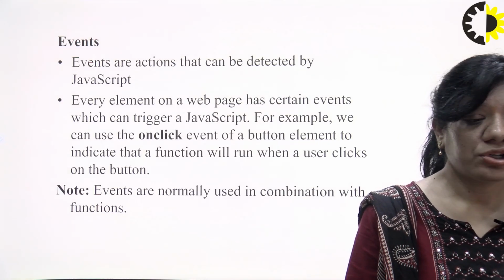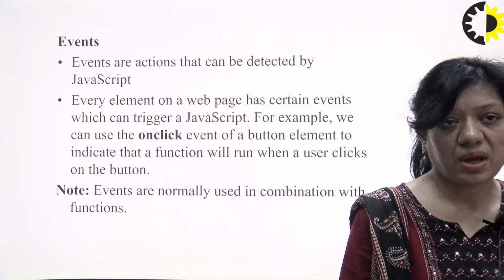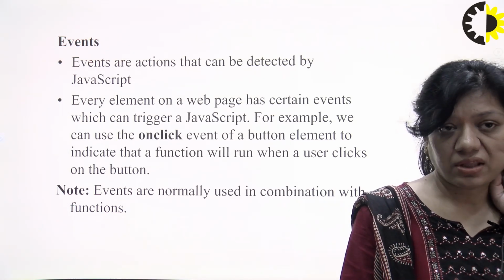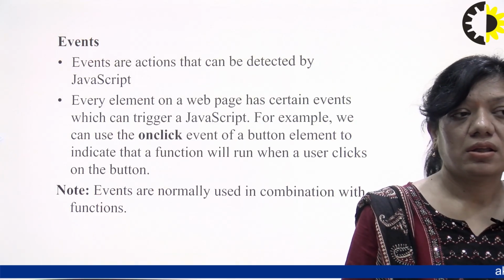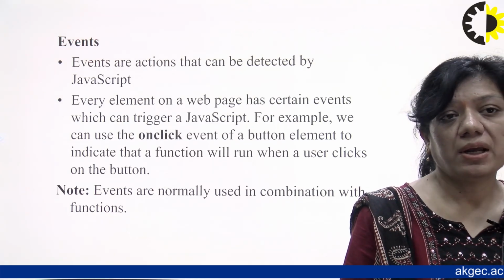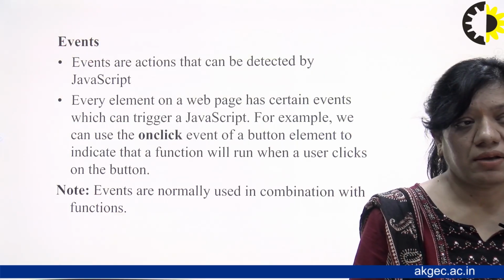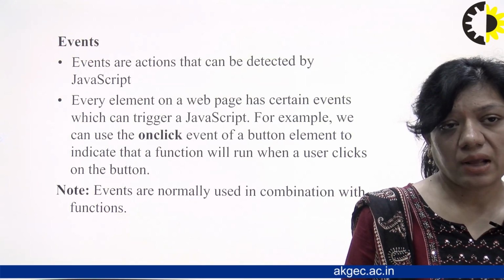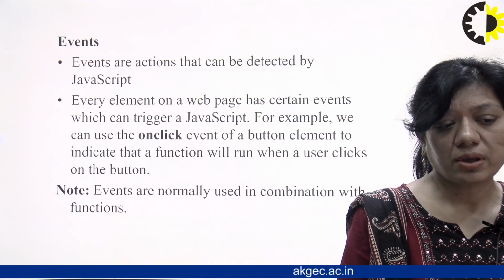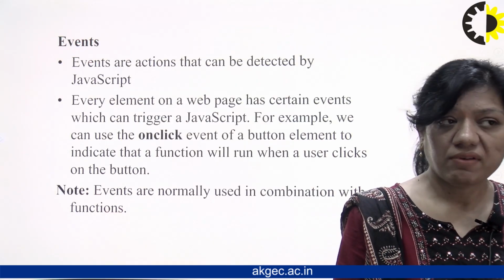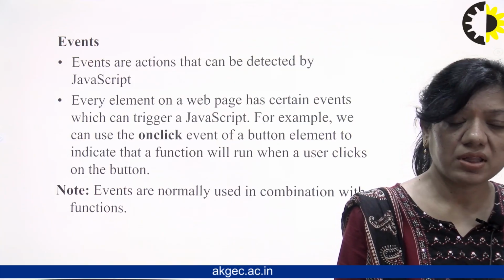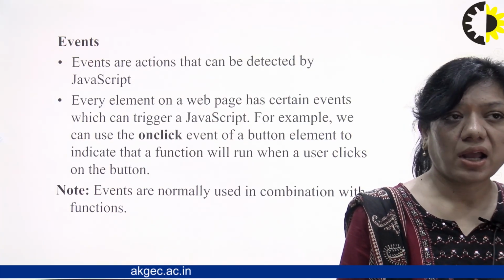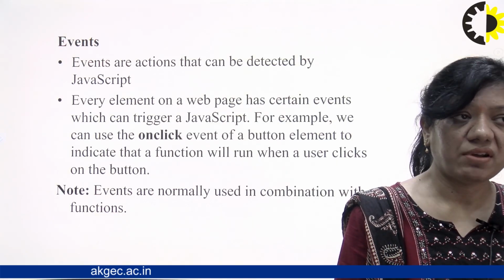Now the question arises, what are events, which is a very important concept. As I told you in the first example, suppose I want to print a message at the event onclick, कि जब मैं अपने onclick button पे click करूं तब मेरा message print होके आए. So the event name in this code was onclick. So events are basically actions that can be detected by JavaScript code.